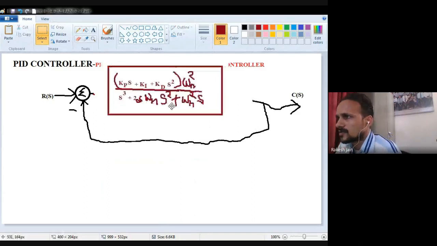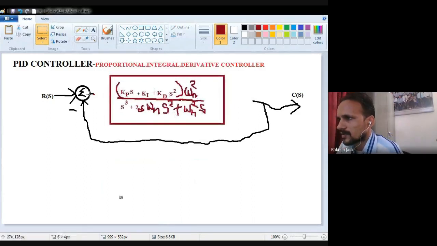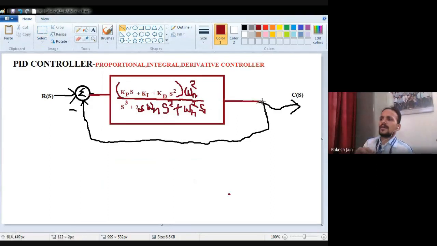Now what we see is a block with the help of the block diagram reduction technique. The proportional integral derivative controller comes in a new form.